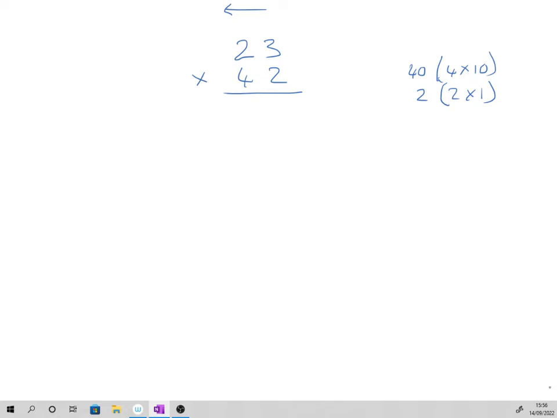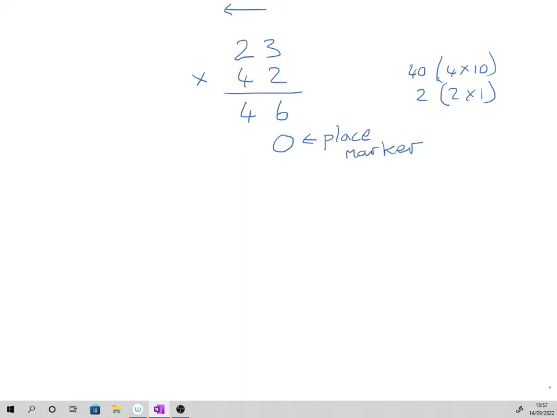So we're going to go 2 times 3 is 6, and then 2 times 2 is 4, and that's fine. Now we're going to multiply by the 40, the 4, and this is one column to the left, therefore we need that so that we get our answer in the right column. This 0 that we stick in is called a place marker.